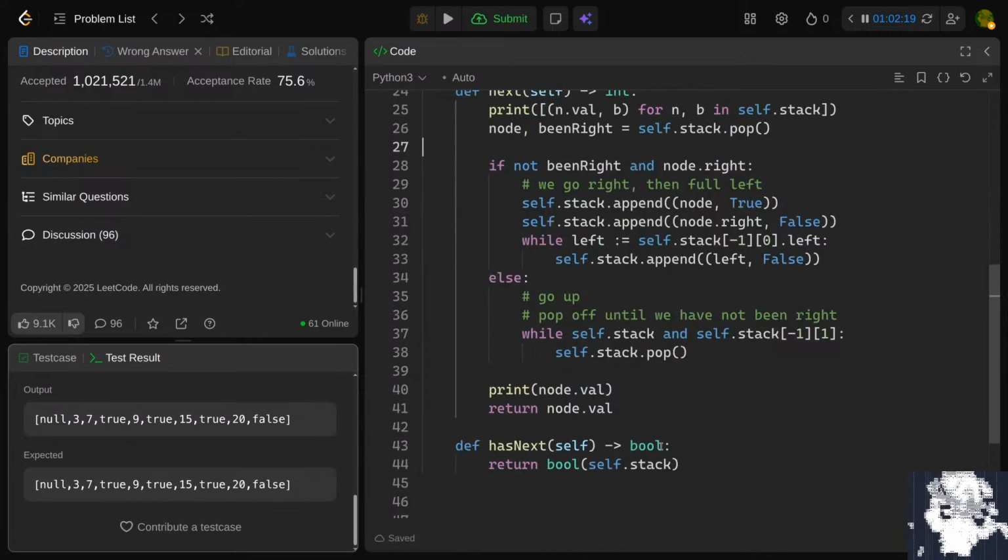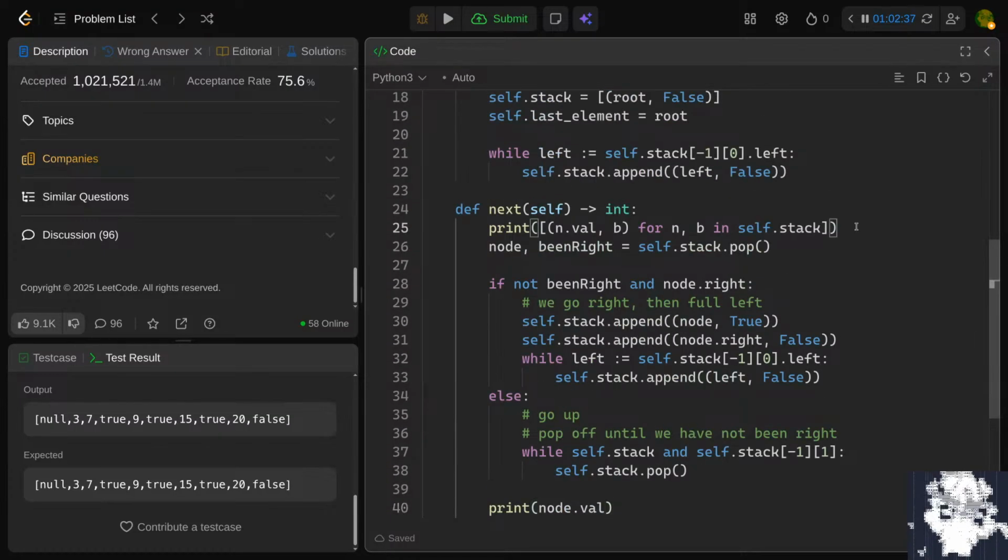Okay. This is how I thought it would work, but I didn't think through that you'd have to... I thought that you would end up with no stack at the end, but I forgot to think through that you have to go up more than one level sometimes.